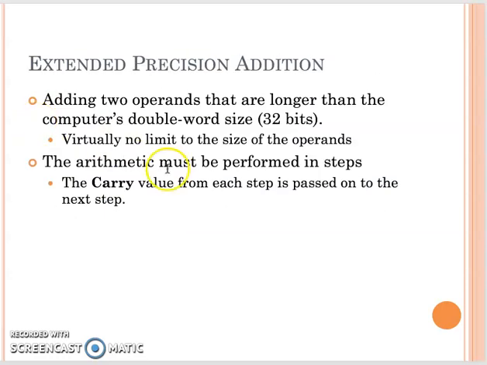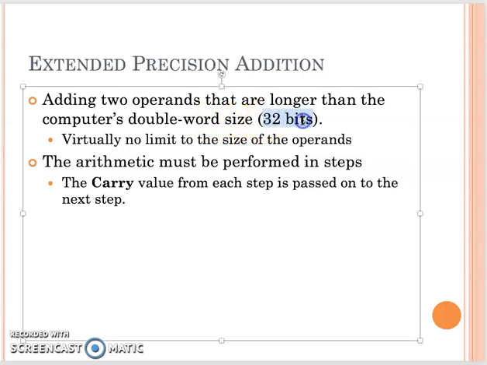So let's see what the ADC instruction will do. For example, we want to add 2 operands that are longer than the computer's double word size. So a single 32-bit operand is not enough, because in a 32-bit environment, the most we can hold is 32 bits. So can we use 2 32-bit operands to hold that?